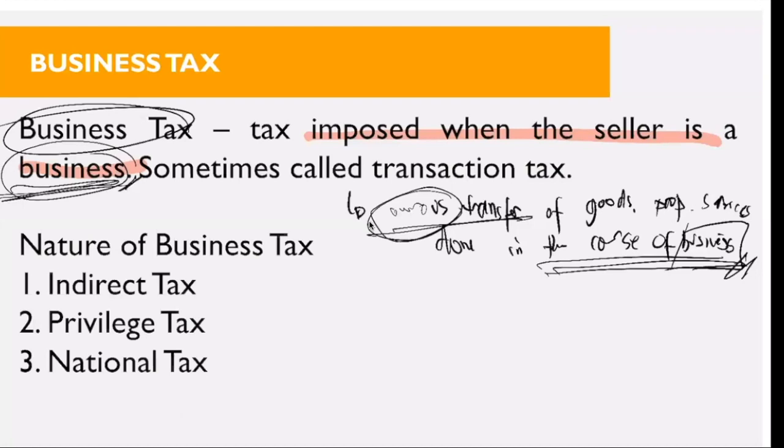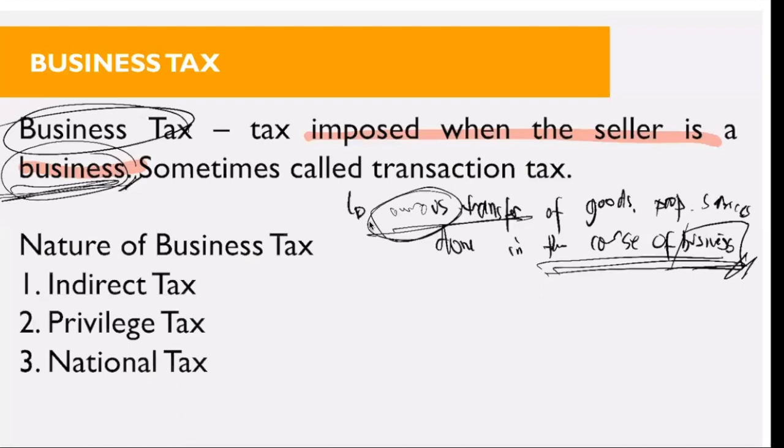Okay, so let's take a look at your CGT. In your CGT of a real property, capital gains tax on a real property is subject to 6% CGT plus 1.5% DST. Now here, if it is an individual who just sold his or her real property and made a constructive gain on that particular property, it is subject to CGT.